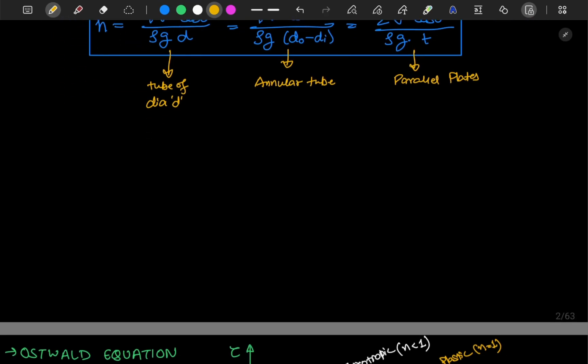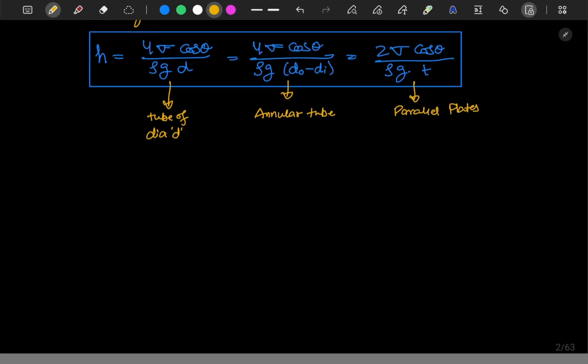One more thing I would like to mention here is the variation of pressure inside a capillary tube. So let's say that here we have a capillary tube. Let me make it look good for you.